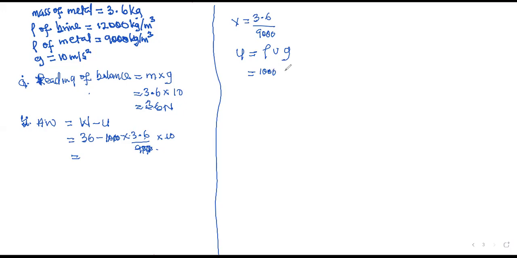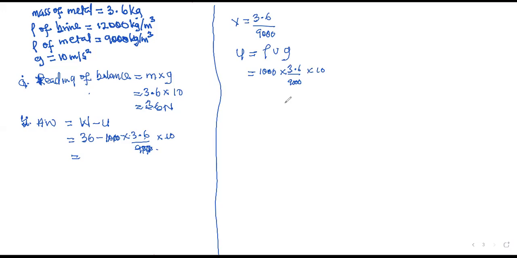So 1,000 times the volume of water displaced, which is equal to the volume of the object. This is mass over density: 3.6 divided by the density of the metal, which we are told is 9,000, times 10.